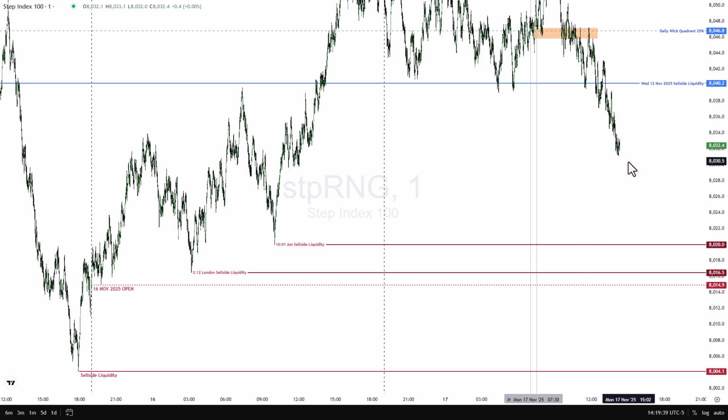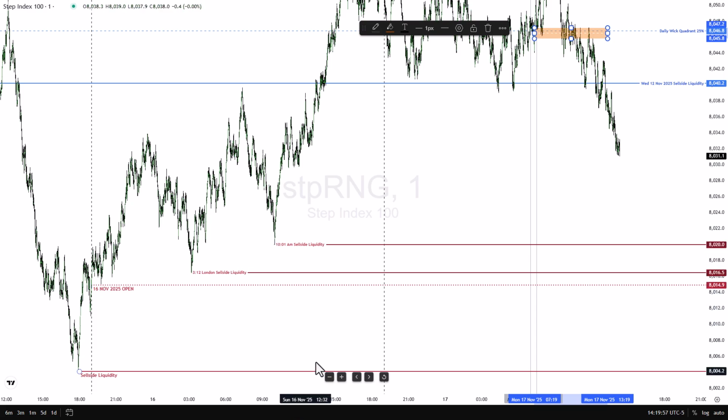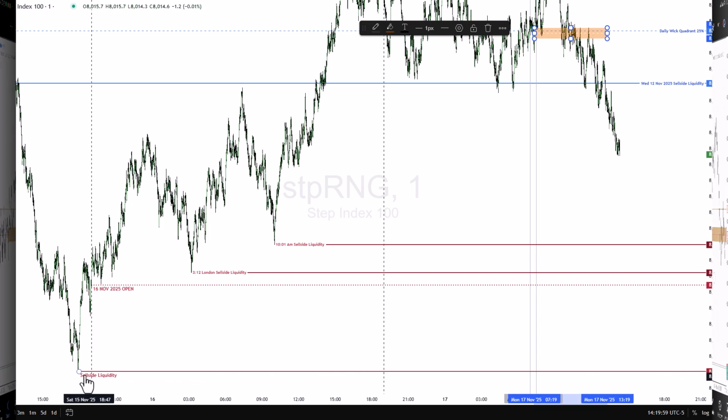This is where I've entered my short position, right here at the 25% quadrant level. So I know where the liquidity pools are. They are in close proximity with one another. Don't be surprised when price action trades below this particular low here.